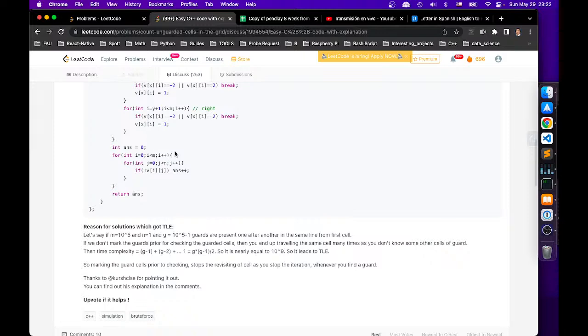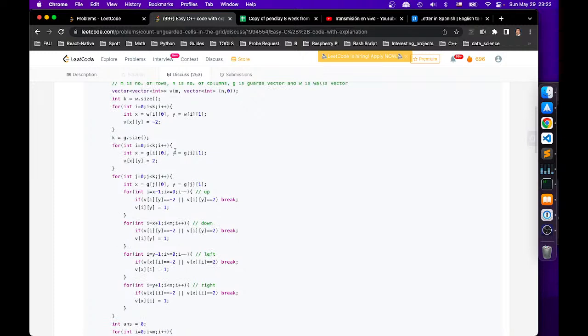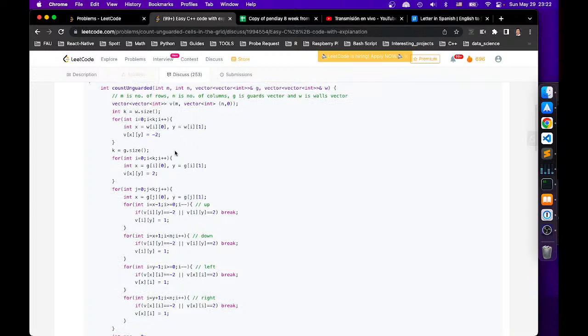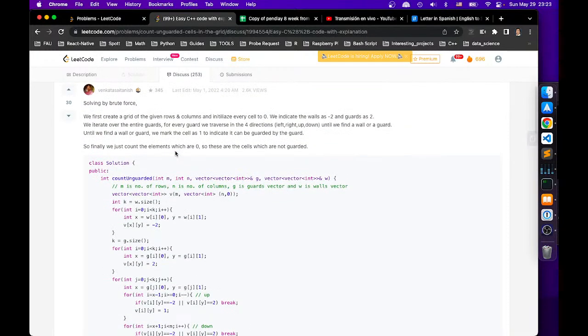Ah, yeah, it makes sense. Okay. Yeah, it iterates through all the guards.